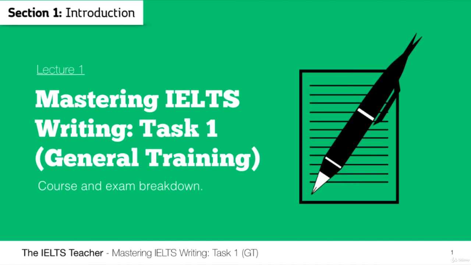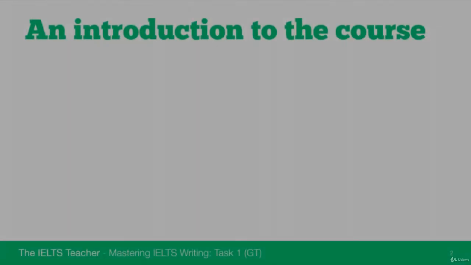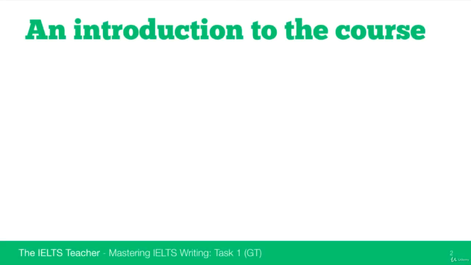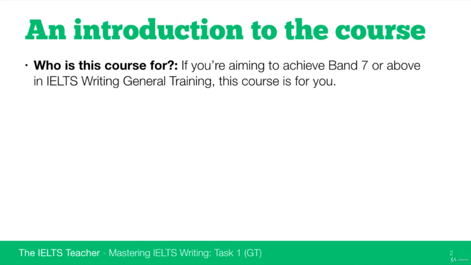So in this first lecture, we're going to just talk about how this course is structured, what you can expect from the course, and we're also going to have a quick look at the IELTS exam in general. So let's start by looking at an introduction to the course. This course is for anybody who's aiming to achieve a Band 7 or above in IELTS writing, the general training module.